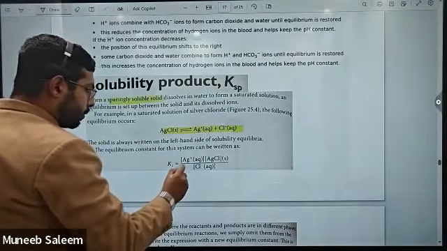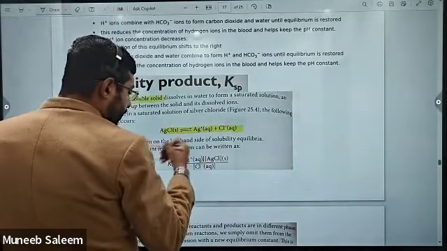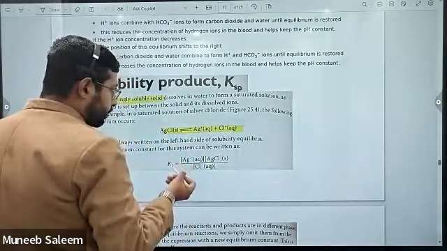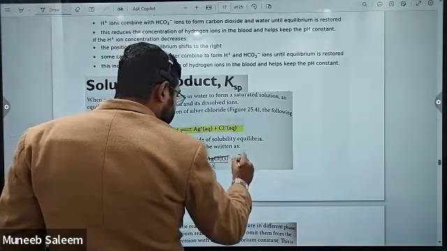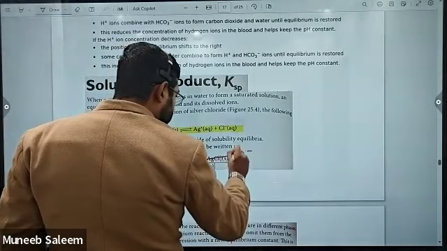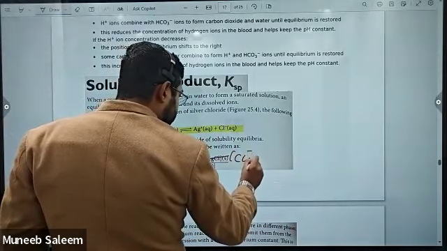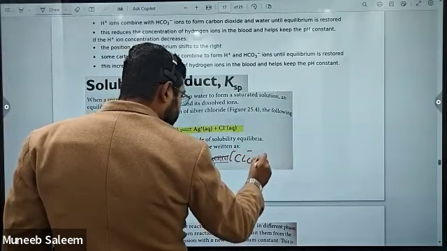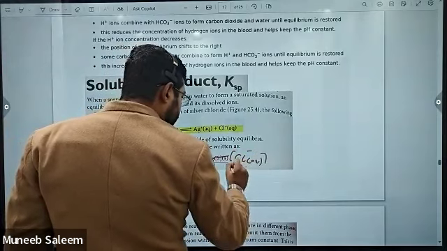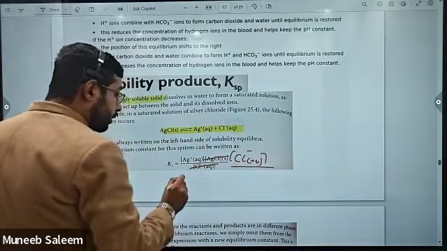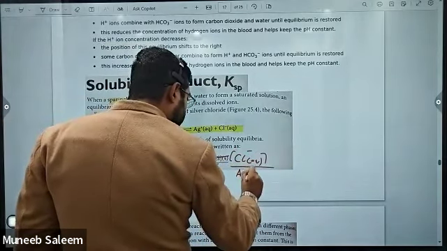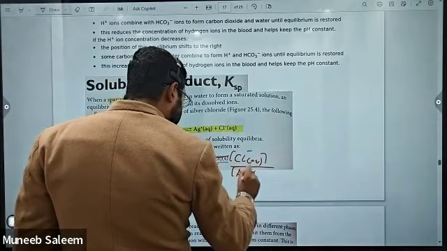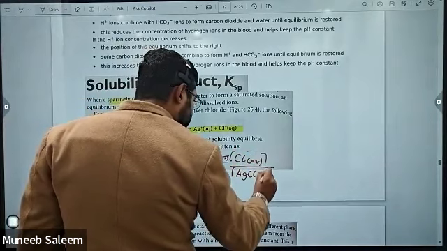Basically, there is some sort of mistake here. The mistake is in the book. We have to write Cl negative ion here in the numerator in the aqueous form, and in the denominator it should be AgCl as its concentration.